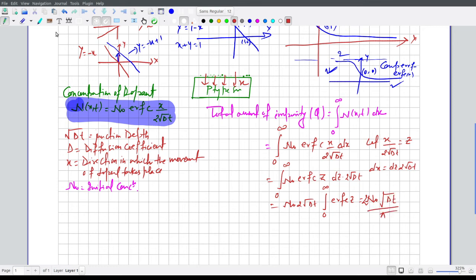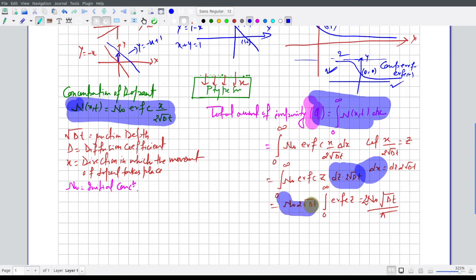So this one is one type of concept in VLSI. For diffusion purposes, we go to this basic formula. Instead of dx, we are just writing dz, and we are taking this as a constant.